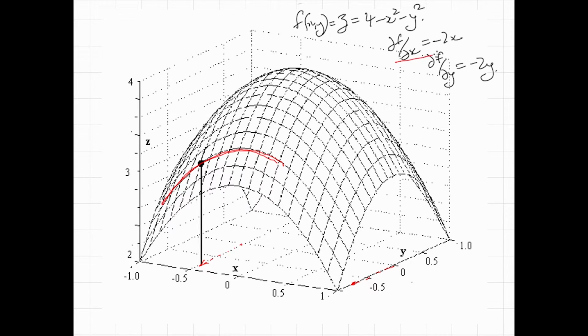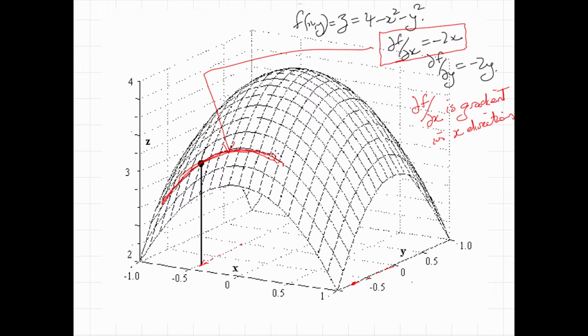So this gives us the gradient at any point along that line on the curve. So this is the gradient function for that line. In other words, partial df dx is the gradient in the x direction.